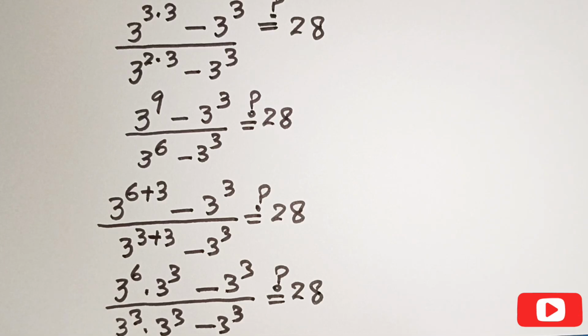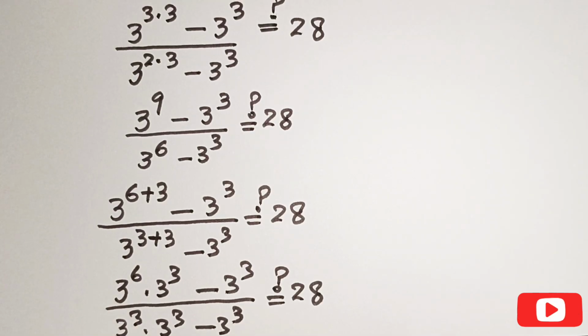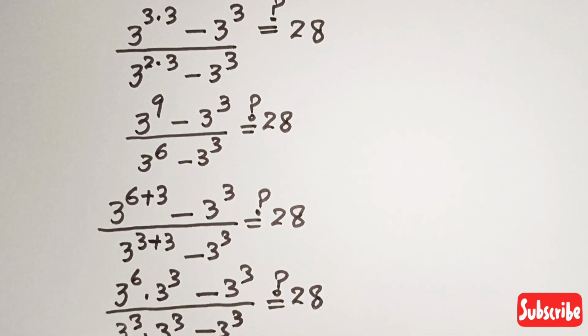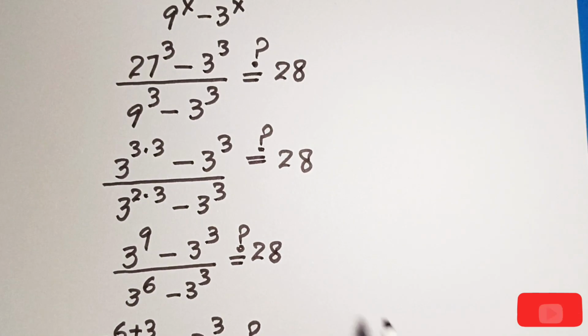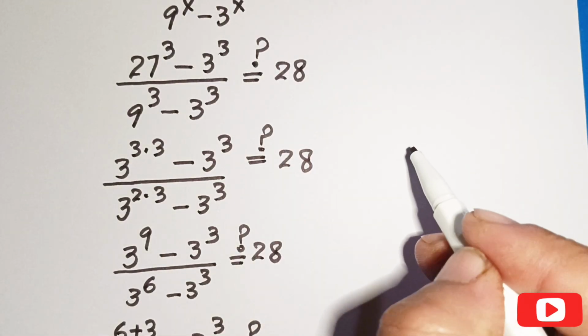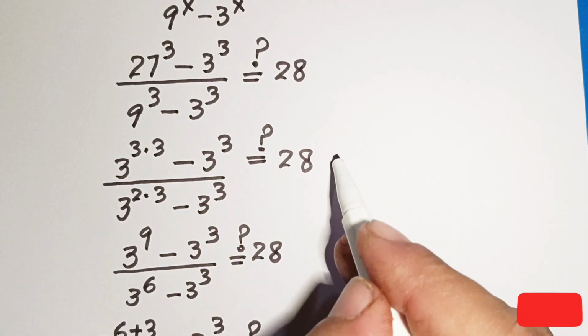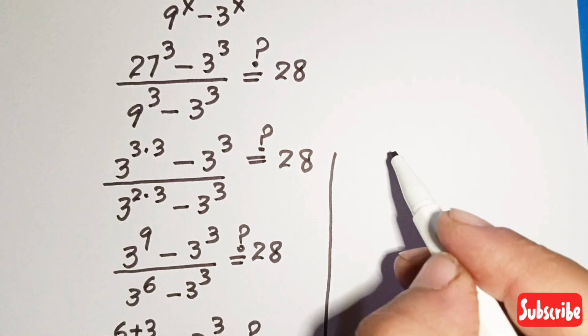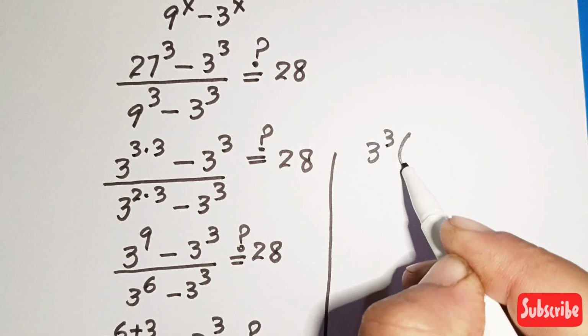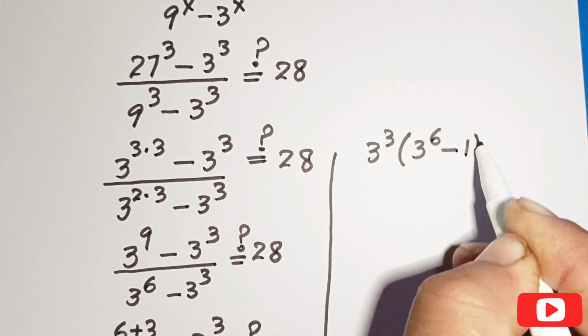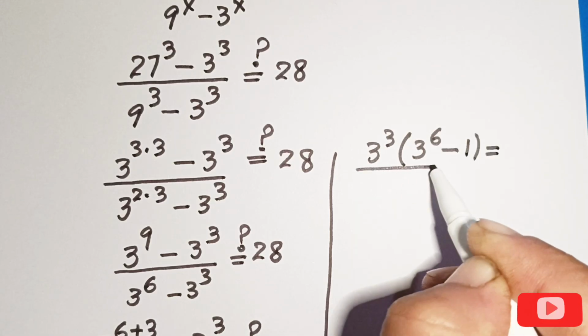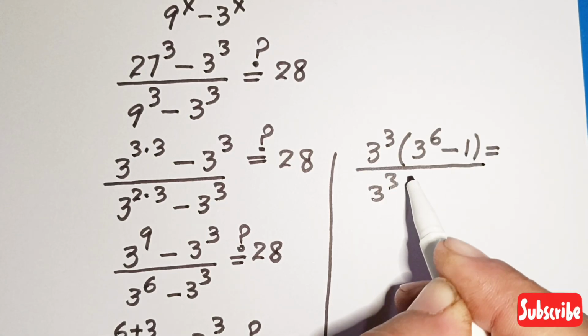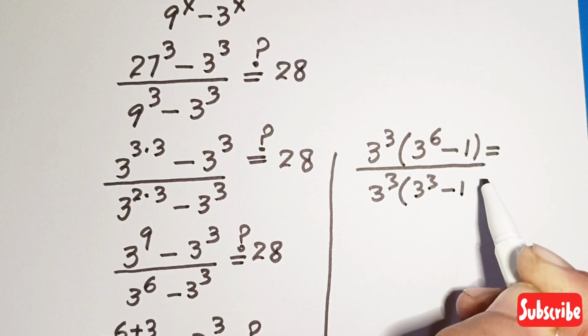Now our next step is, if we take 3 cubed common in the numerator and denominator, we have 3 cubed times (3 to the power 6 minus 1), all over 3 cubed times (3 cubed minus 1).